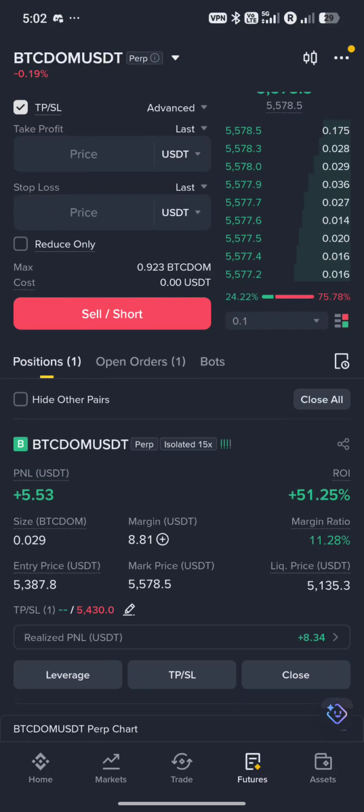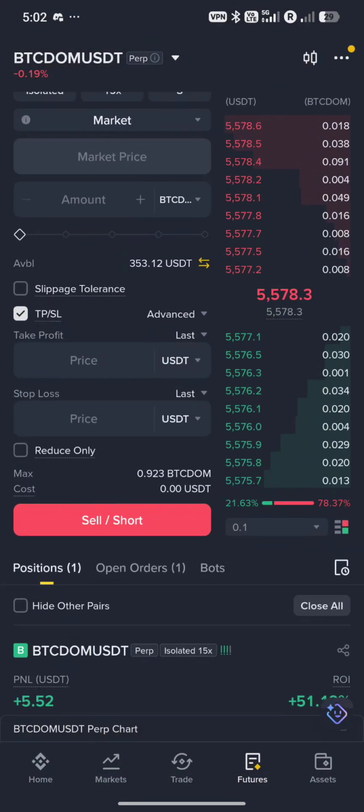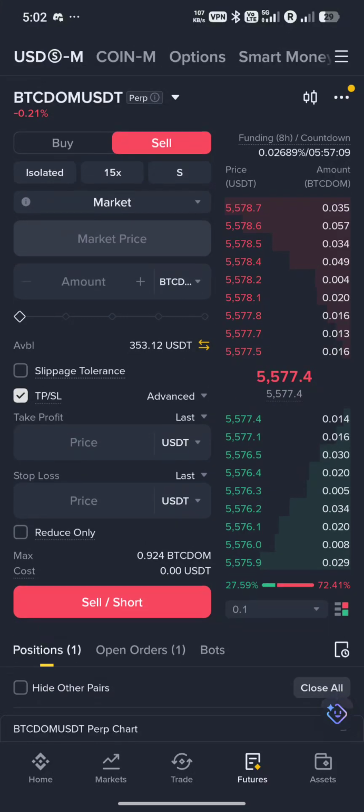That is if I did not set take profit or stop loss. So this particular position I have a stop loss. But let's assume that I don't have a stop loss. That is what is going to happen. It's going to use the rest of my balance to keep this particular position running until all my balance is gone.